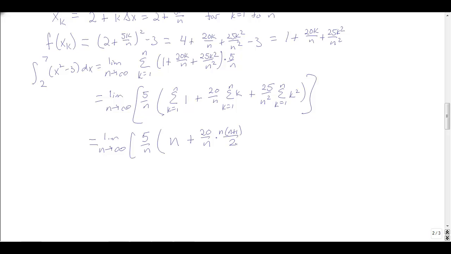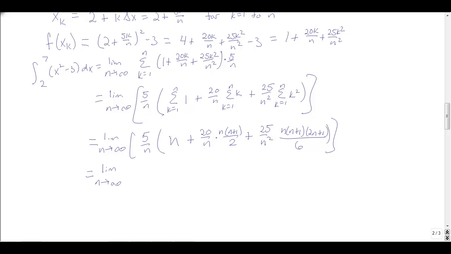That's just a formula that I have memorized or maybe look up. And then there's a similar formula with the k squareds: n times n plus 1 times 2n plus 1 over 6. Now we've gotten rid of the summation, so we just have to do some algebra and then take the limit eventually.